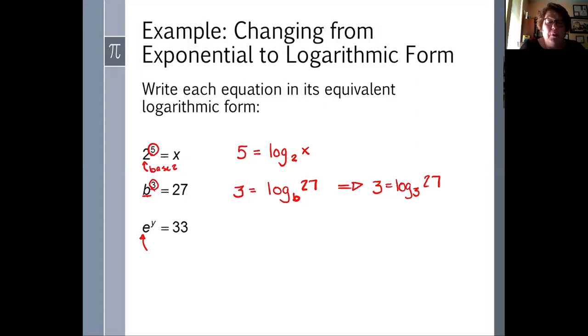So we gave it a name and we called it e. All right, again, our exponent is what our logarithm is equal to. So our exponent is y, and that's equal to the log. Our base in this case is the number e, log base e of 33.